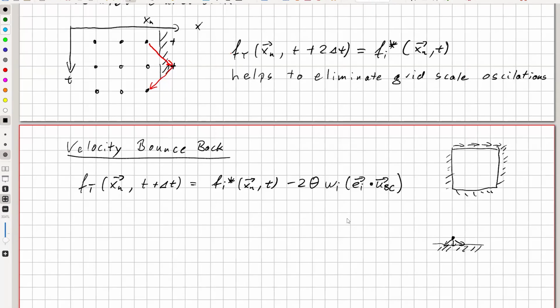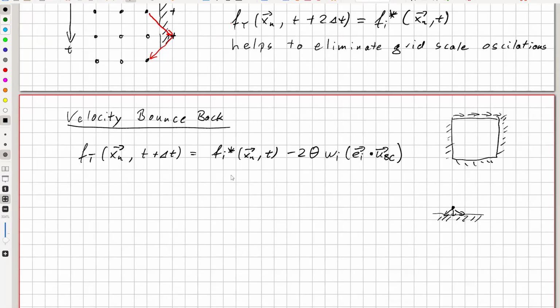Okay, good. So this means we can do solid walls, we can do any velocity boundary condition. The only problem that we have is now we can place these boundary conditions only always halfway between grid nodes.